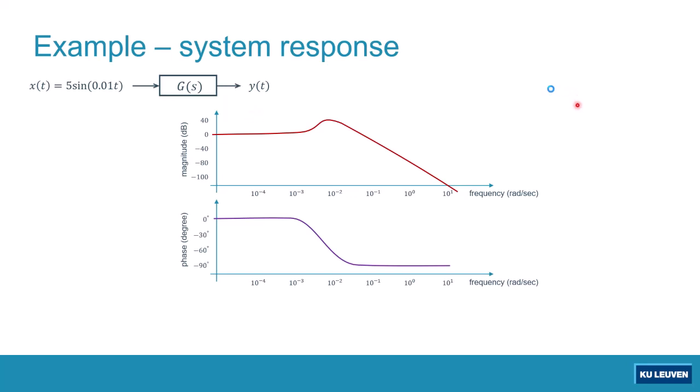How do I do that? It's pretty simple. I just have to identify the frequency of the input. It's 0.01. In logarithmic scale, it will be this one, right? 10 to the power of minus 2 is 0.01.